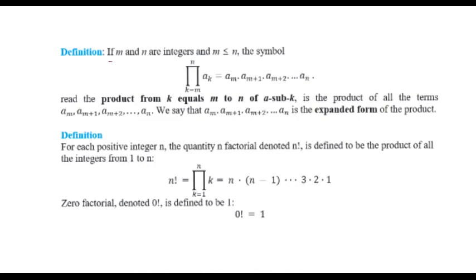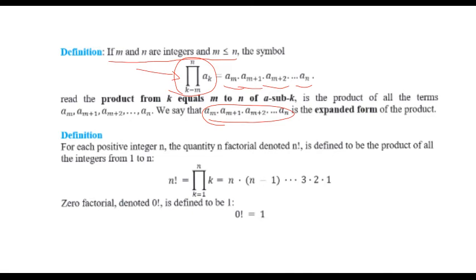We say if m and n are integers and m is not greater than n, then the symbol product from k equals m to n of a sub k is the product of all the terms a sub m, a sub m plus 1, a sub m plus 2, all the way to a sub n, and we say that this product is the expanded form of the symbol that I just introduced, right?